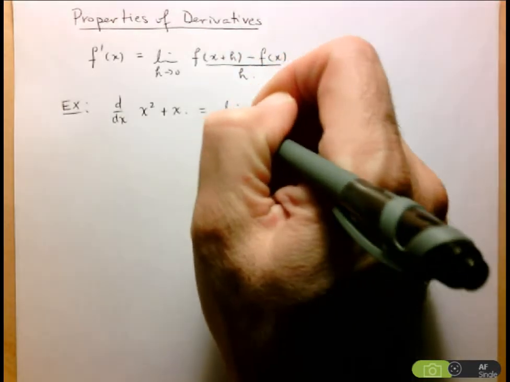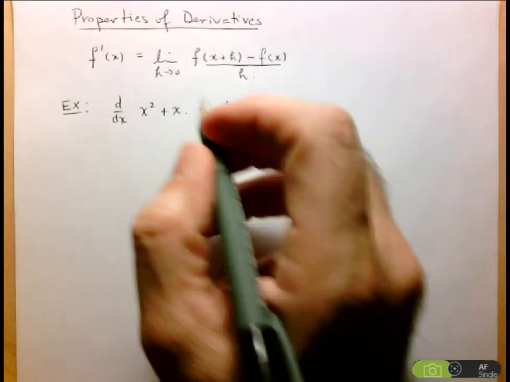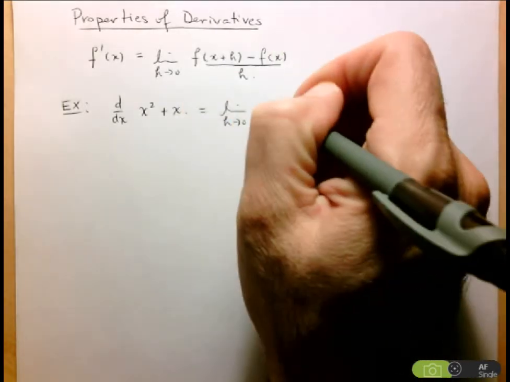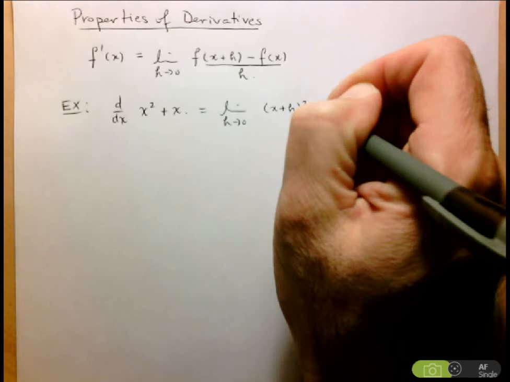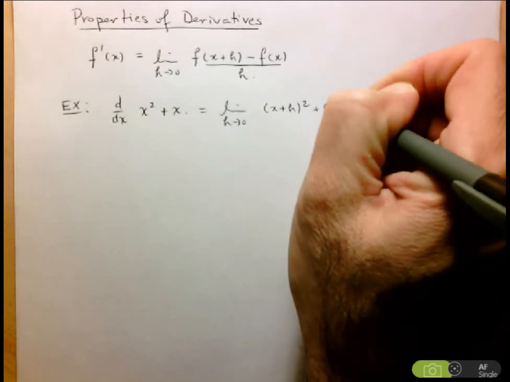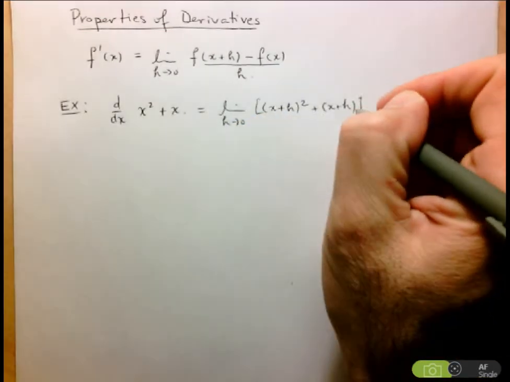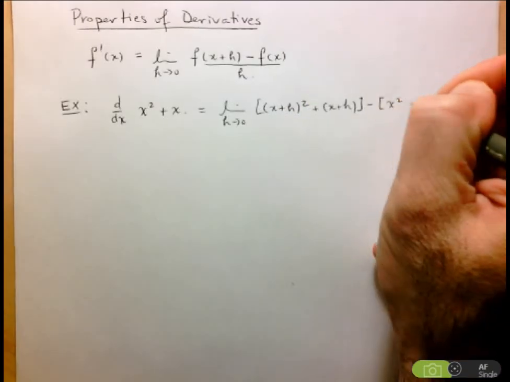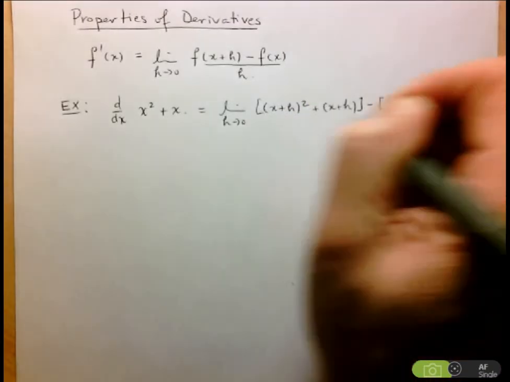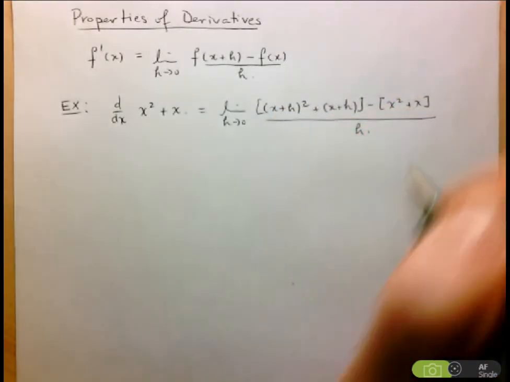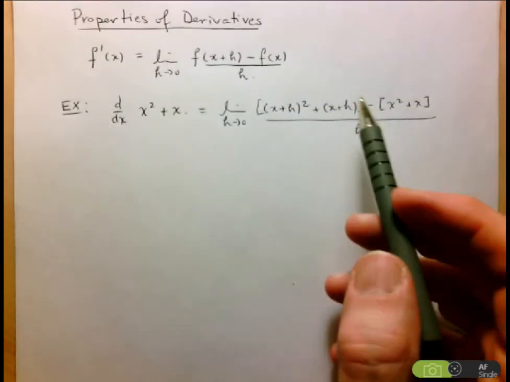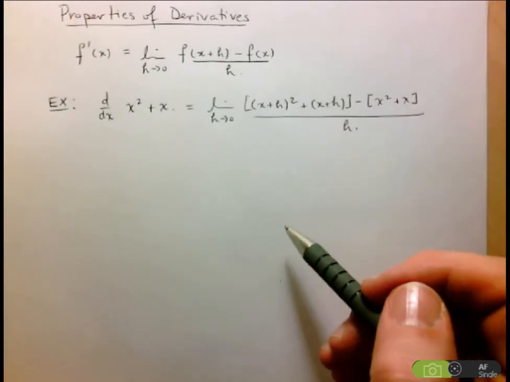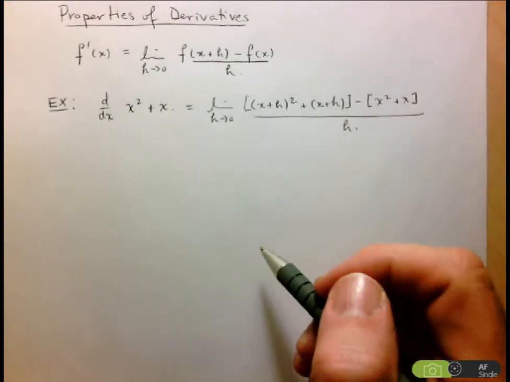So here the limit as h approaches 0 of this function evaluated at x plus h, so (x plus h) squared plus (x plus h), and then minus the function evaluated at x, so x squared plus x, all over h. As before, if we check numerator and denominator, we see that they both approach 0. So as usual, we have our indeterminate form.